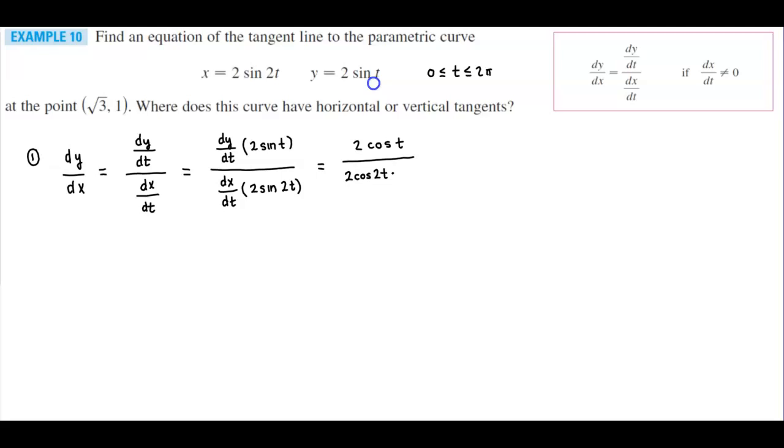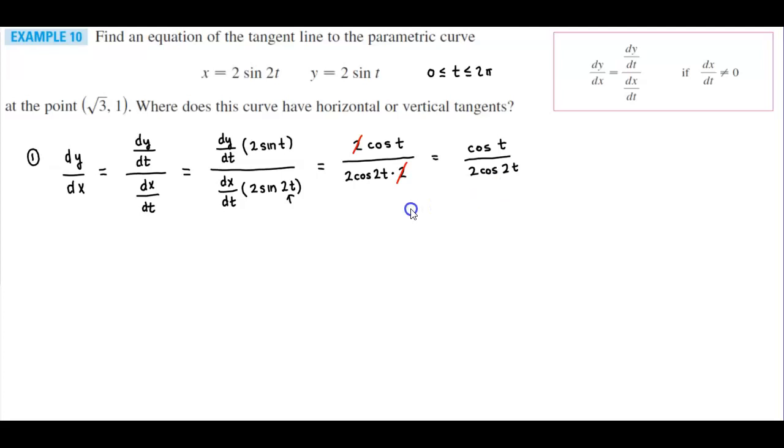And then we have to find the derivative of the inside function, which is 2t. And the derivative of 2t is 2. So now we can simplify this just a little further. We can simplify the 2's. And so what's left is the derivative, which is the cosine of t over 2 times the cosine of 2t. Okay, so there is our derivative.